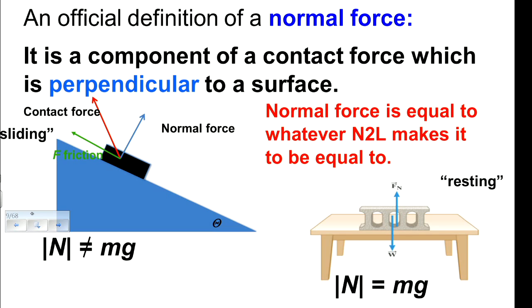So if I push on this scale, the scale pushes back. That will be my normal force. If I place a weight on it, the weight acting on the scale, that's what we read, but the scale, by Newton's third law, is acting on the weight, and that's what the normal force is, the force acting on this object.